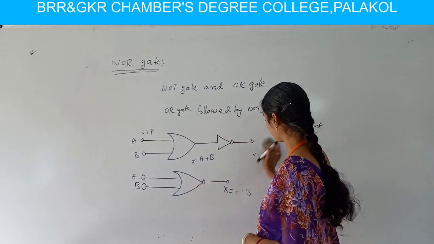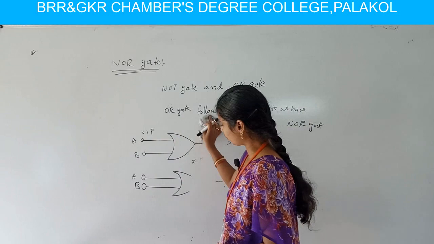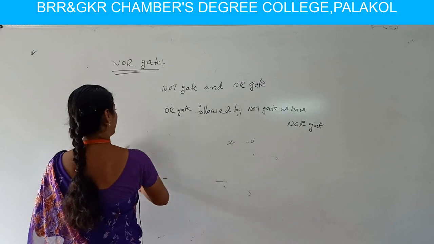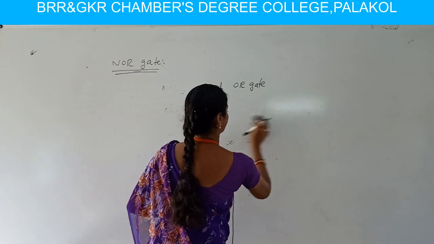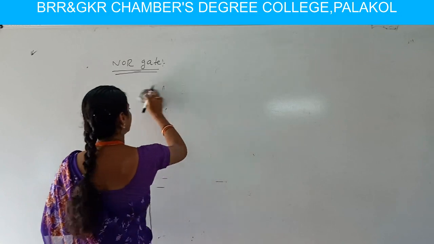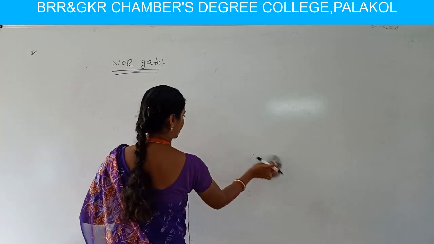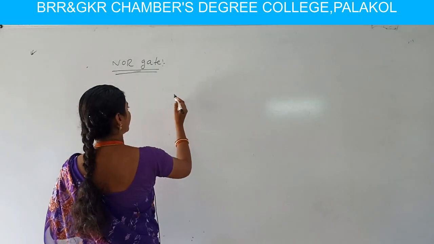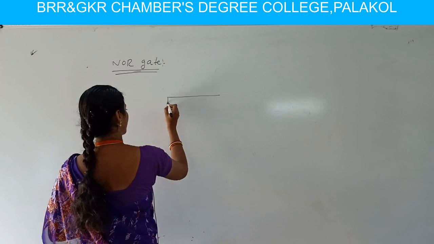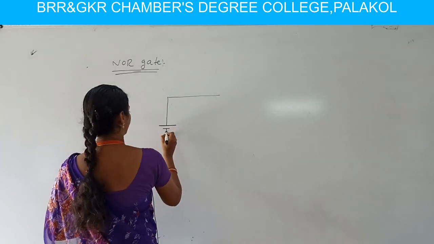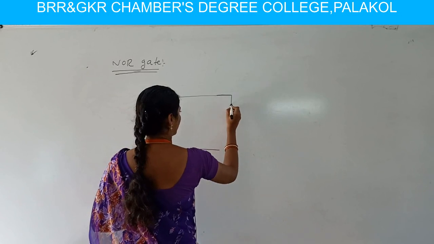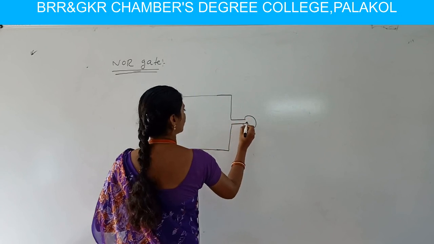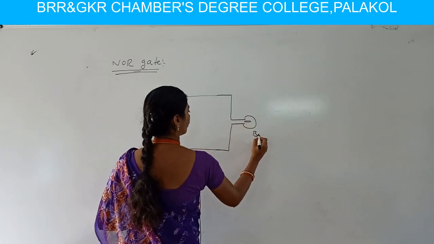So the switches diagram for this NOR gate we can draw as follows. We drew switches diagrams for OR gate, NOT gate and AND gate in the morning session. For voltage, we always connect a battery in the circuit, and the output is across the bulb.